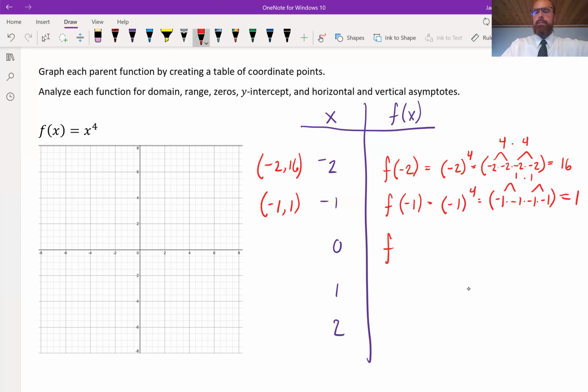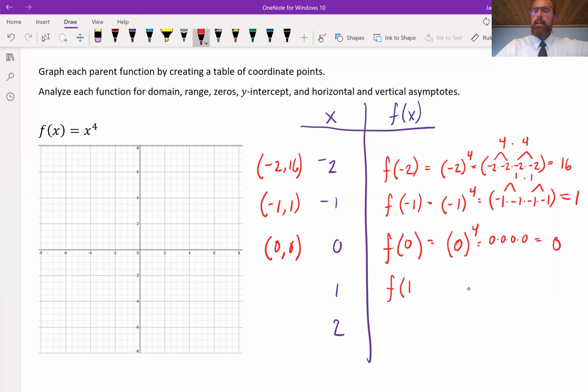We've had mixed luck with 0 being something that's defined with our parent functions. So with the power function, we're going to put 0 in the base to the power of 4. Well, 0 times 0 times 0 times 0, we would only need one 0 to get a product of 0. That goes through the origin. 0 comma 0.